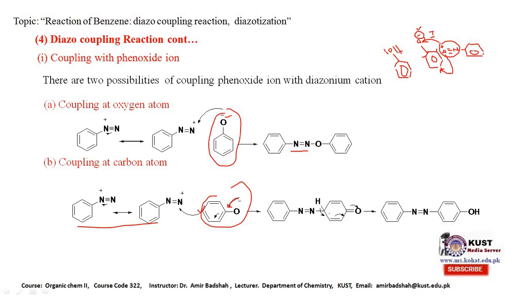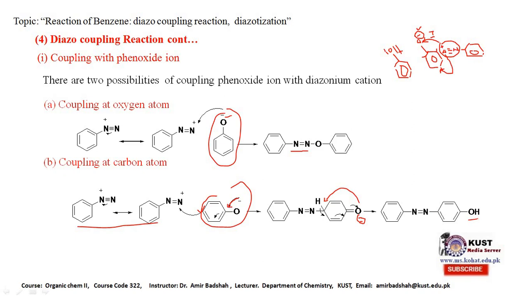In order to retain the aromatic character, this bond is shifted here, and the aromatic character is restored, and this oxygen becomes negative. After the removal of hydrogen, the negative charge on the oxygen will take this hydrogen and be converted into an OH group.